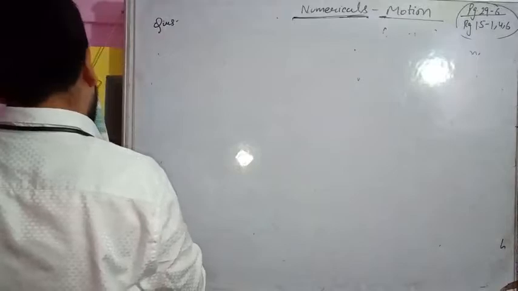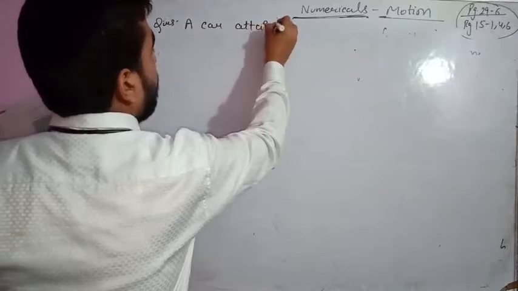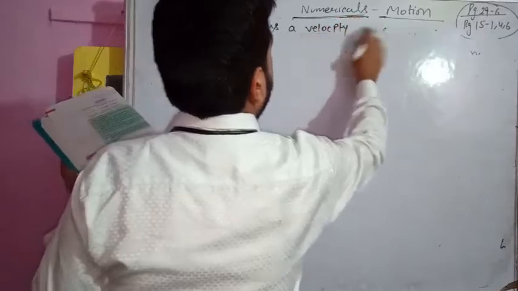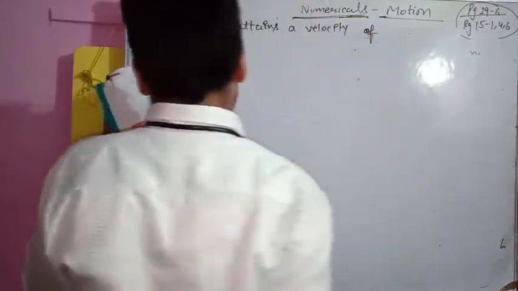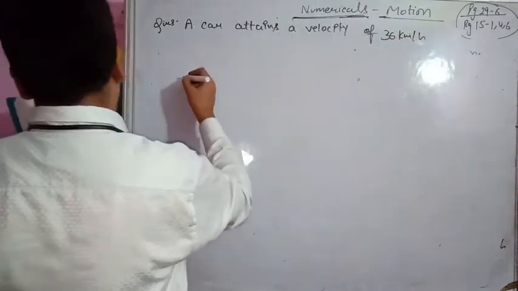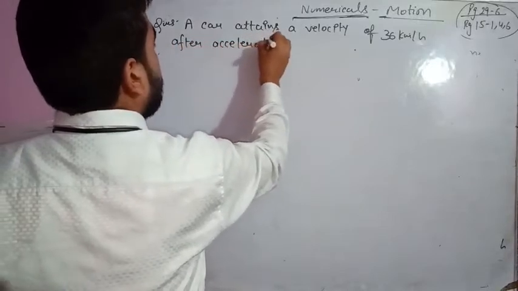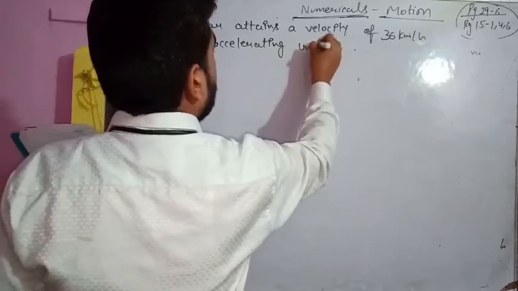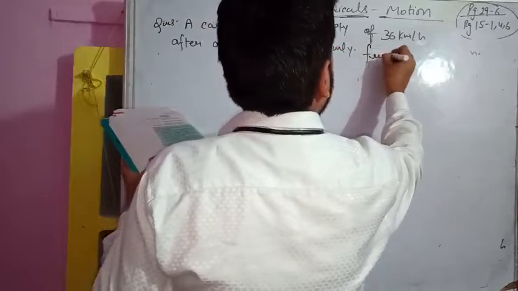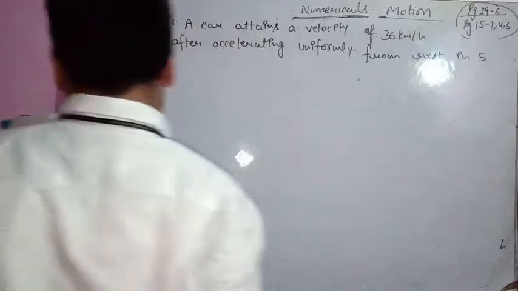So a car attains a velocity of 36 km per hour after accelerating uniformly from rest in 5 seconds.